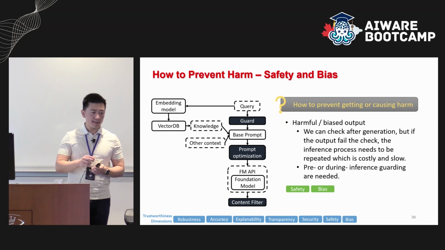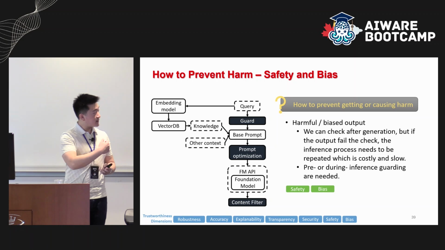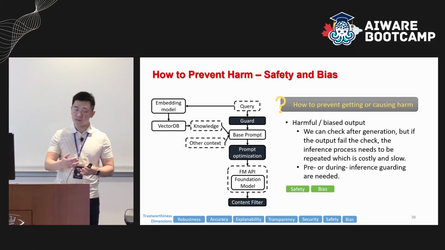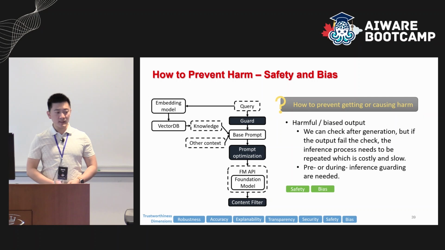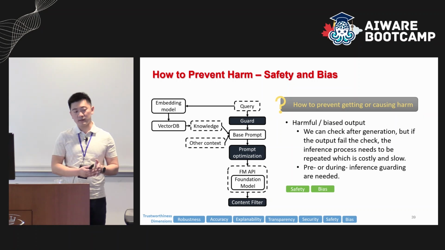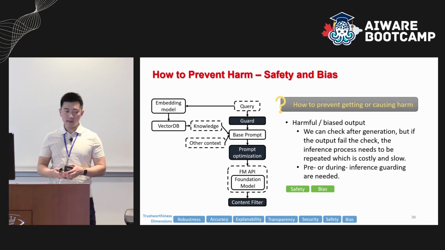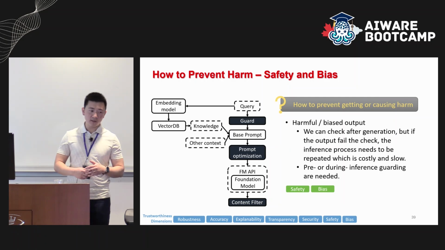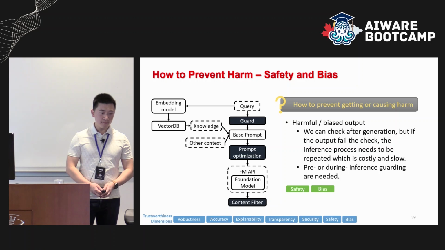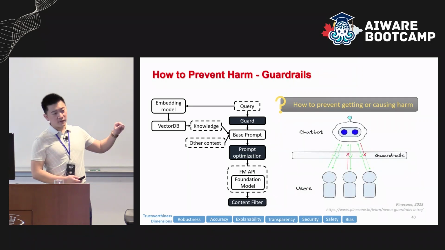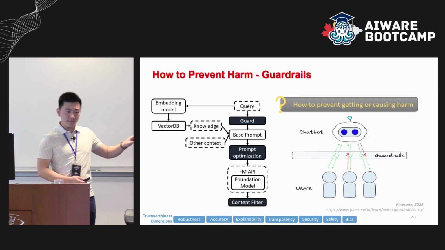That means that this process is actually very expensive, because regeneration means a longer wait time and more token consumption. That's why people now also try to build pre- or during-inference guardrails to avoid those kinds of issues. They try to build it into the decoding process of the model to solve the issues. So these two together form the guardrails around the system.